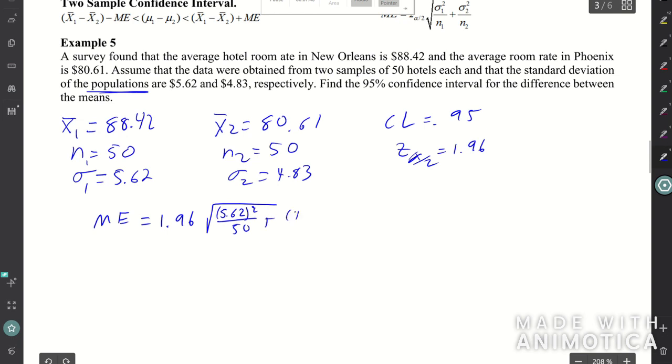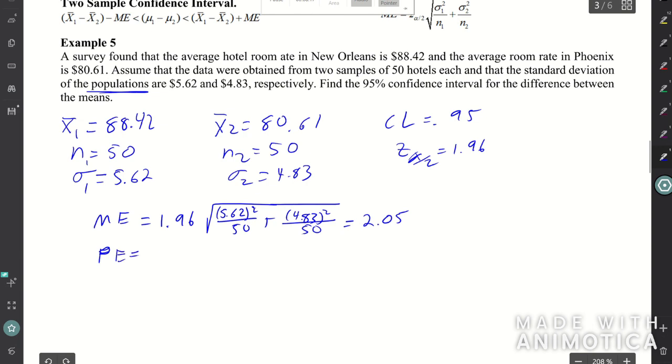Then we're going to take our 4.83, square it, and divide by 50. Once we calculate that out, we're going to see around 2.05, depending on where you're rounding for this margin of error.